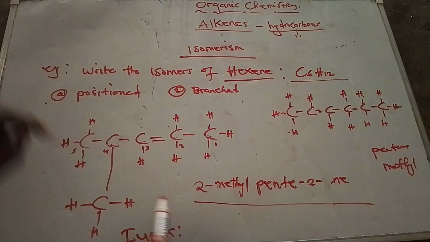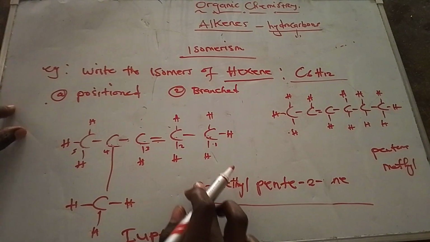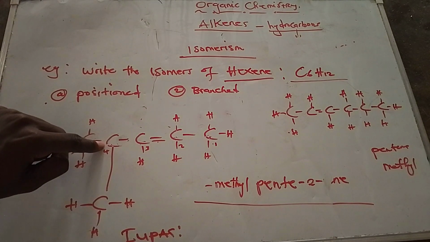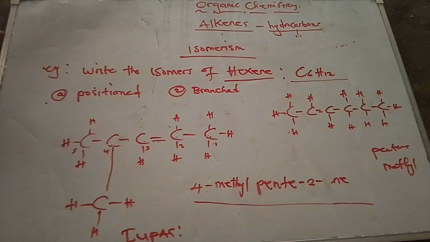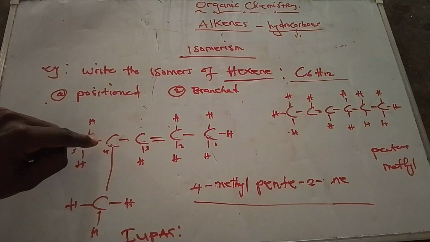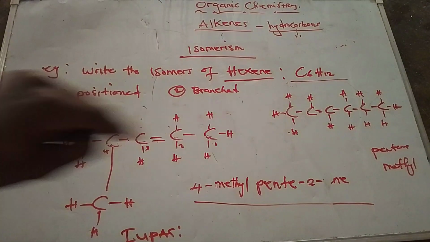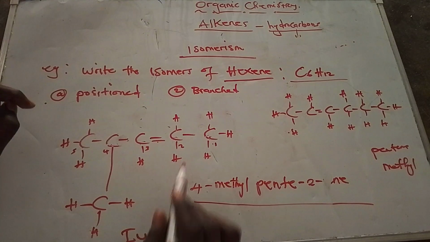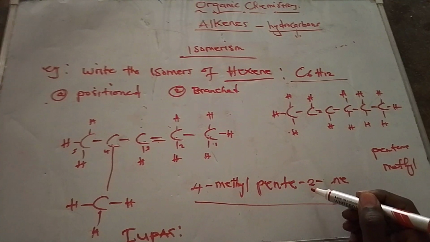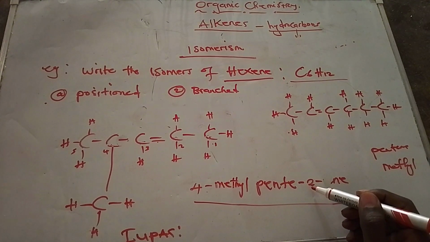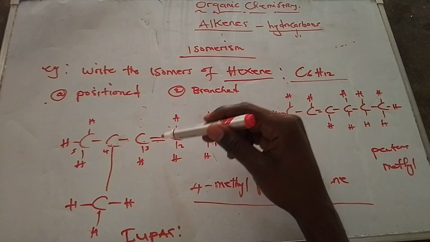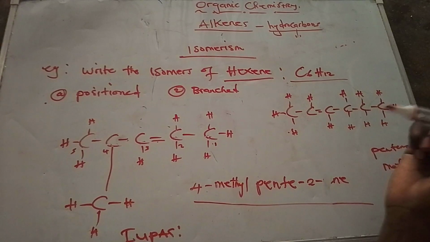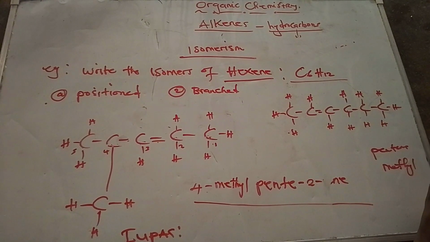Okay, so the methyl group now is touching carbon number 4. So here I'll put 4. So 4 methyl. 4 is showing the location where the branch is touching. Then this 2 will be maintained like this, because this 2 is showing the carbon which is attaching to the double bond. So this is how I write the IUPAC name.